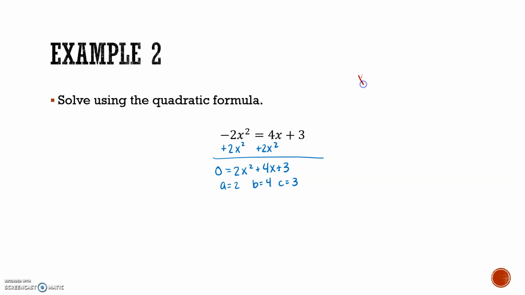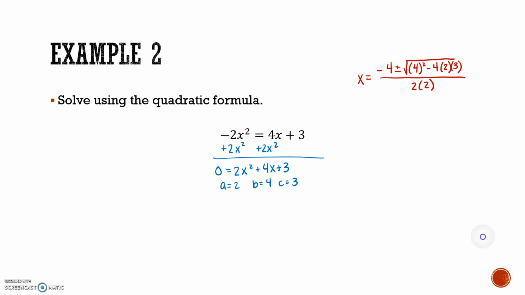So I'm going to get x equals negative b plus or minus square root of b squared minus 4 times a times c all over 2 times a.